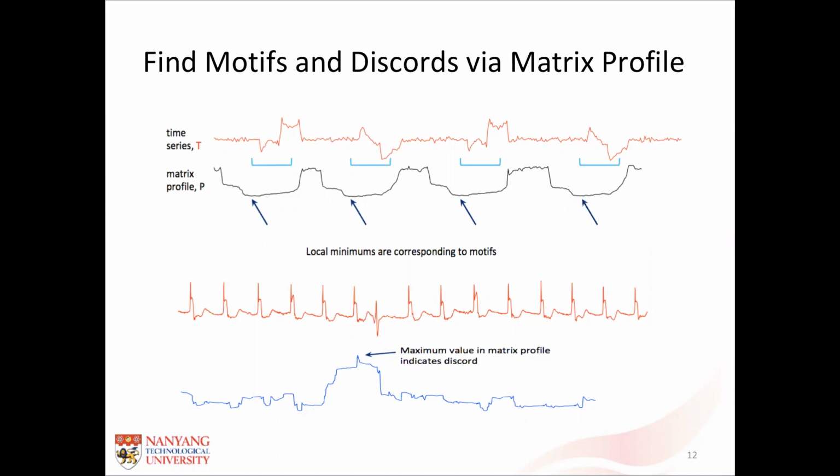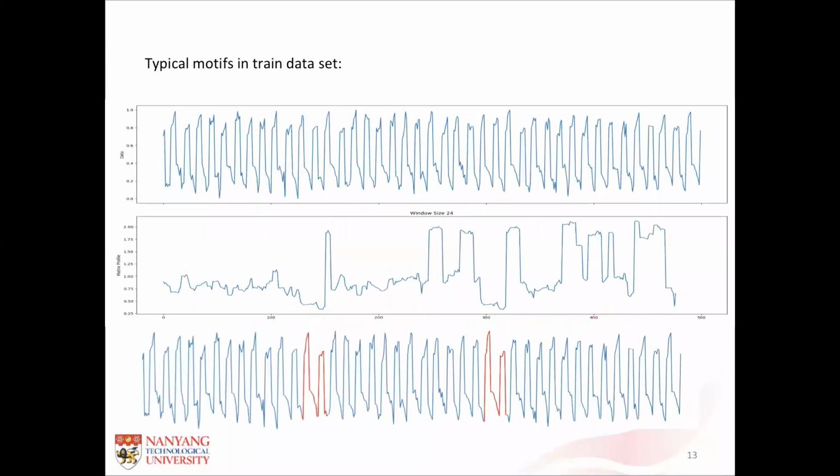And if I get a maximum value in the matrix profile, it means my current window is very different from the other windows in my time series. So I'm an outlier, I'm a discord. Here are some motif examples we found in our training data set.